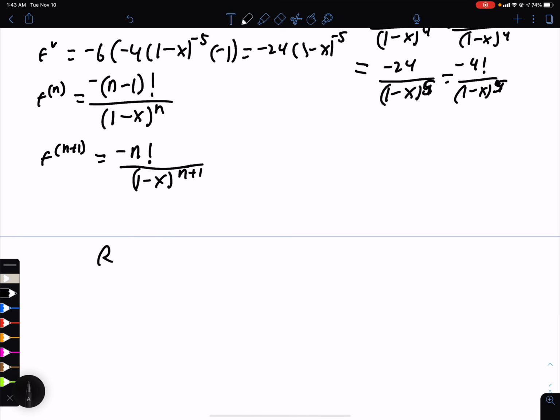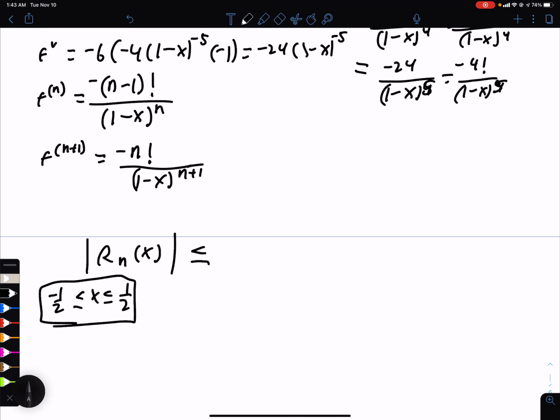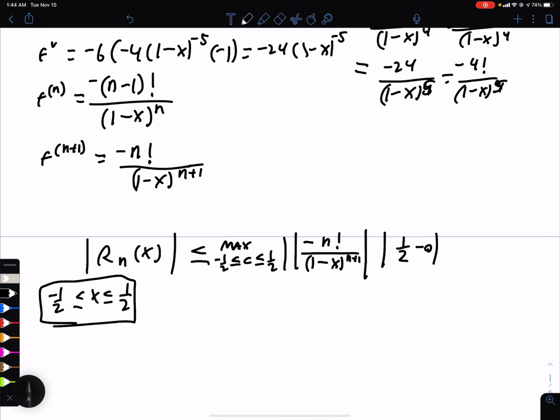The absolute value of the error for some x, and that x, again, is between negative 1/2 and 1/2, is less than or equal to the max from negative 1/2 to 1/2 of the absolute value of the n plus 1 derivative, so that's negative n factorial over 1 minus x to the n plus 1, times x minus, well, our x we decided is maximum at 1/2, minus 0 to the n plus 1 power, all over n plus 1 factorial.